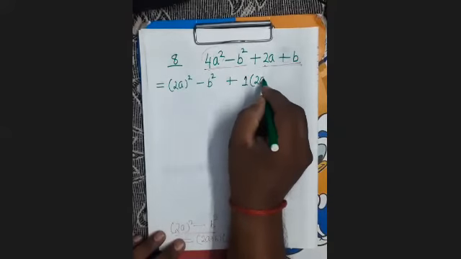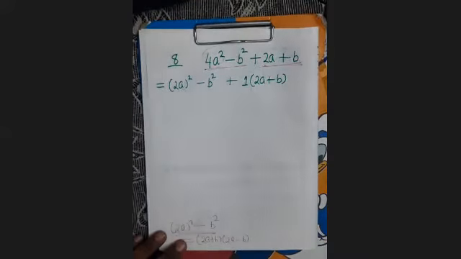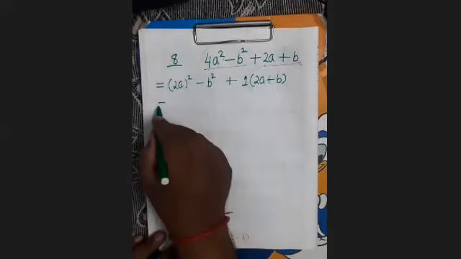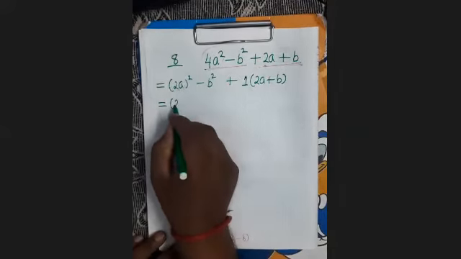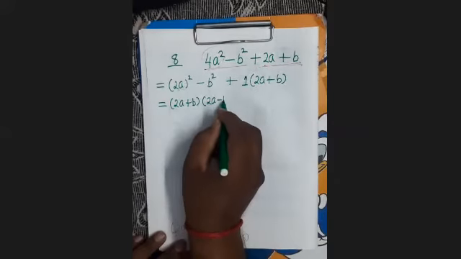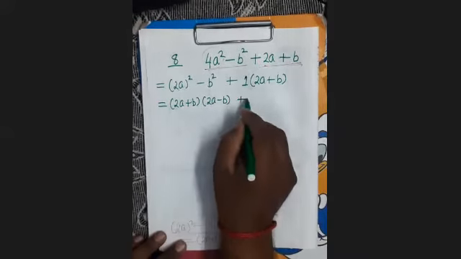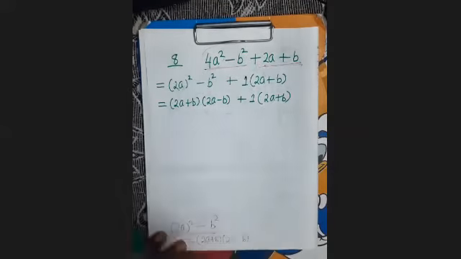What will be left? 2a plus b. Now see here, this is the difference of two perfect squares. So in one bracket 2a plus b, 2a minus b, and this is 2a plus b.